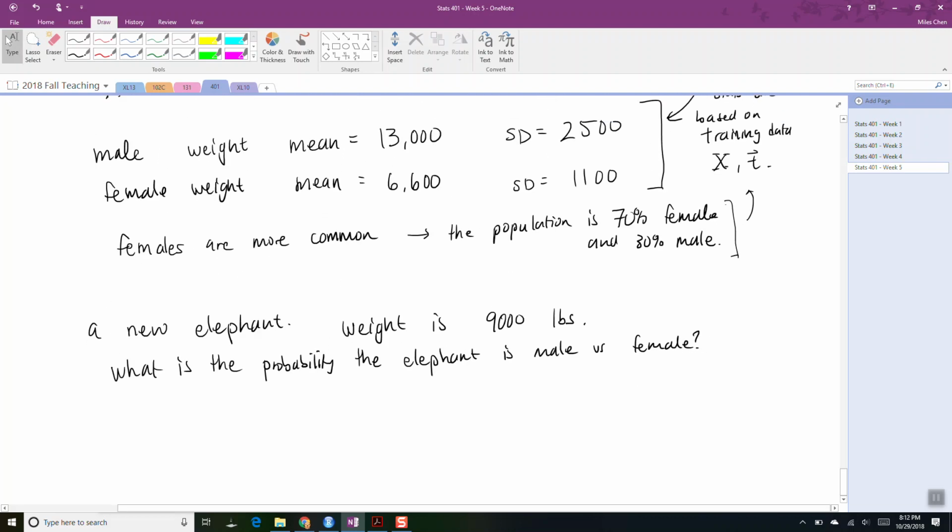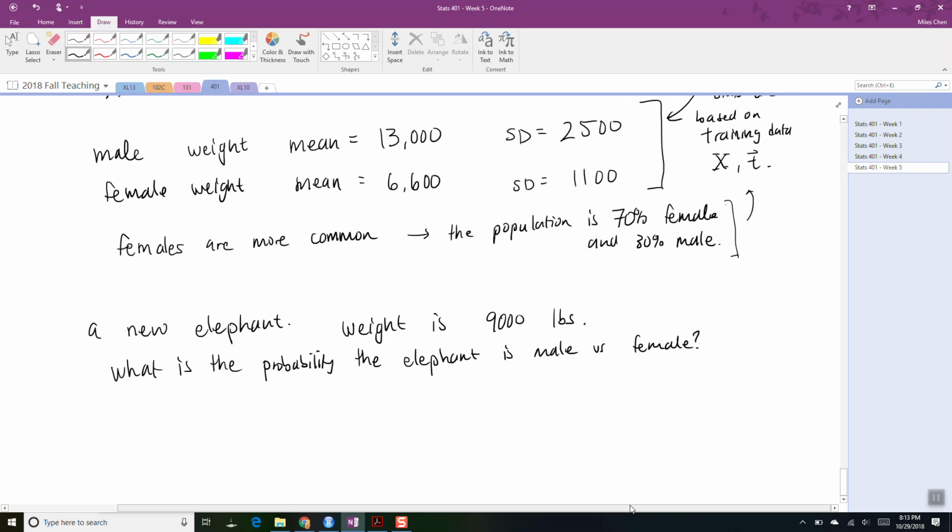Right, and so we say, well, maybe it's a heavy female, maybe it's a lightweight male. We have to compare its relative probabilities, and we also have to take into account that females are more common. Okay. So, how does this work?